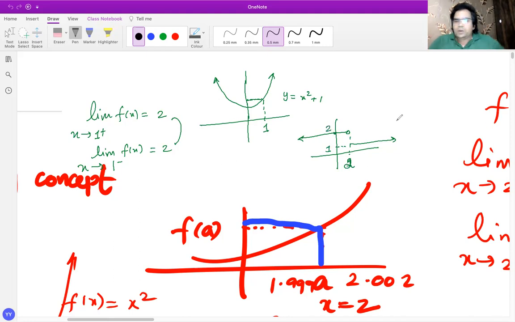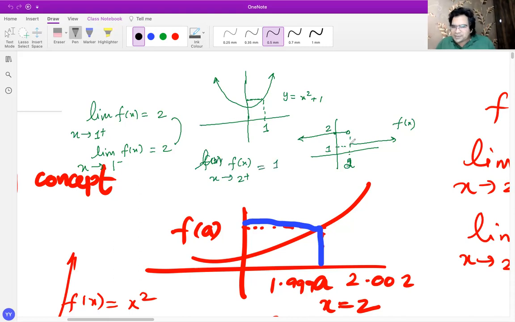Now what I'm asked to do is, for this given function, estimate the left hand limit and the right hand limit. So when you estimate the right hand limit, for example, if I've got a function f of x, and I'm estimating the right hand limit, let's say at 2 positive, obviously you can see that the limit value for this function is nothing but 1.